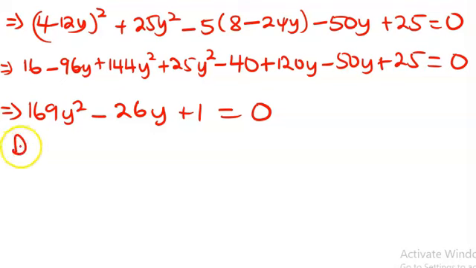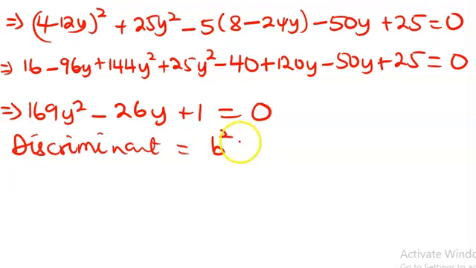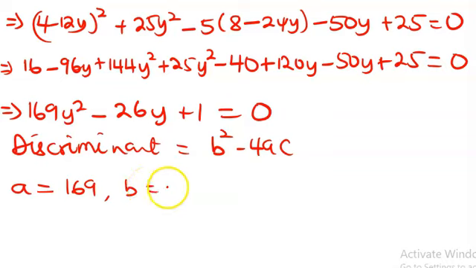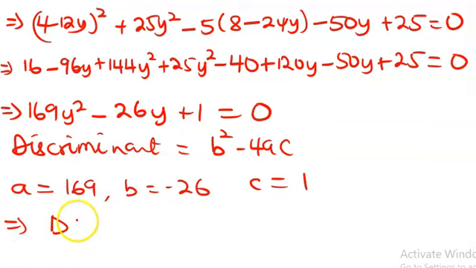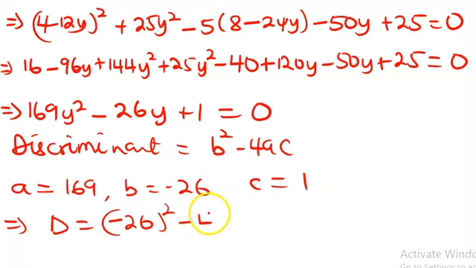So discriminant is equal to b squared minus 4ac. From this quadratic equation, our a is equal to 169, b is minus 26, c is equal to 1. This implies that D is equal to minus 26 squared minus 4 times 169 times 1.